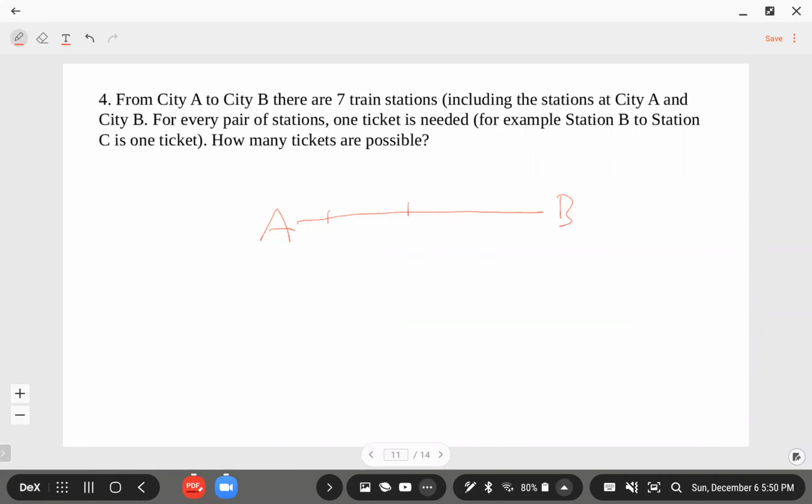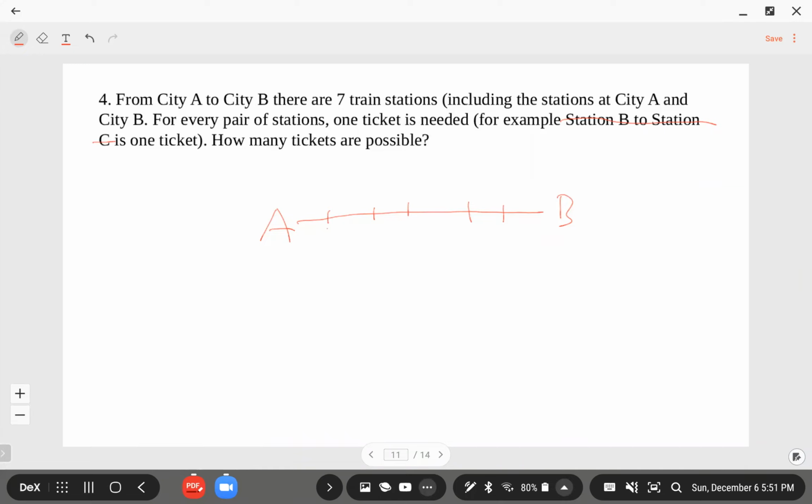So 1, 2, 3, 4, 5. Okay, so 5 train stations right here. Okay, and A and B are also stations. Okay, so for every pair of stations, 1 ticket is needed. For example, let's not say station B to station C. It's going to be station 1 to station 2.